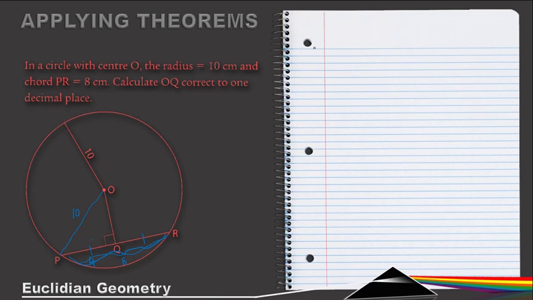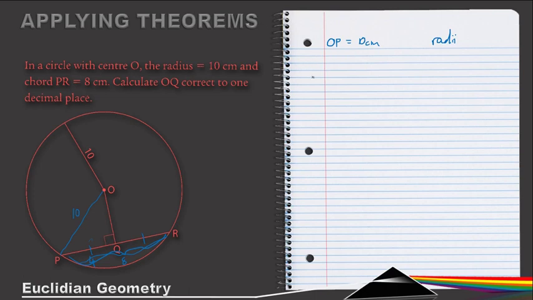Alright, so now to get started, we can say that PO or OP is equal to 10 centimeters, and that's the radii. And then we can say that PR is 8, and that's a given.